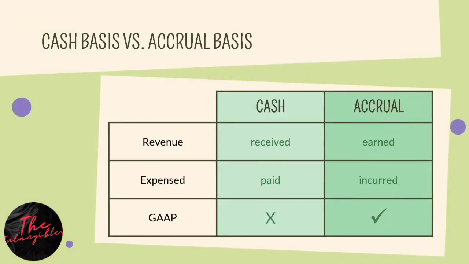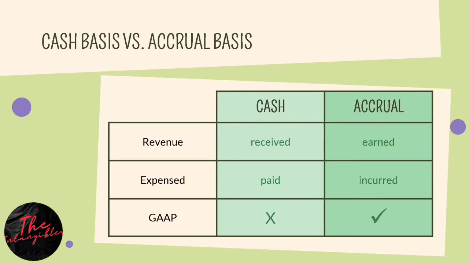The main difference between accrual and cash basis of accounting lies in the timing of when revenue and expenses are recognized. The cash method is a more immediate recognition of revenue and expense, while the accrual method focuses on anticipated revenue and expense.